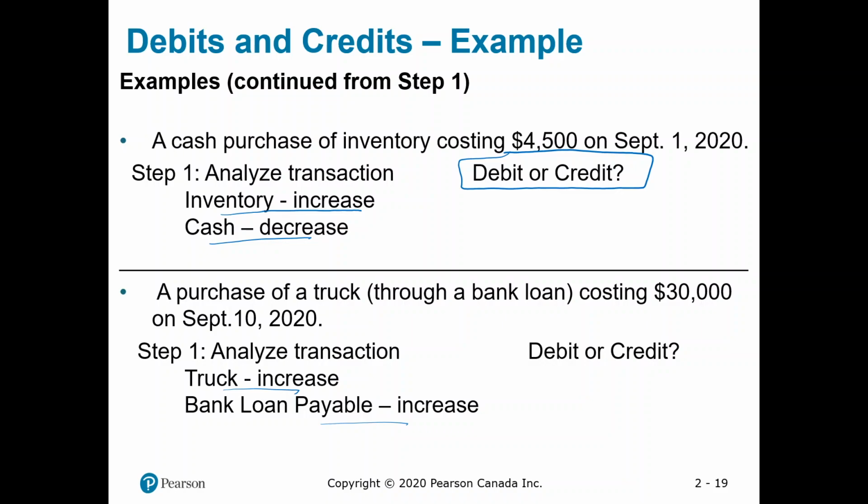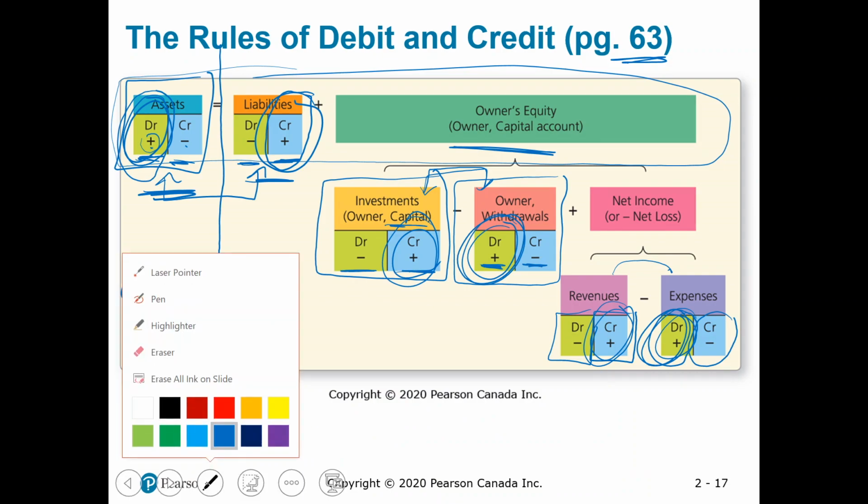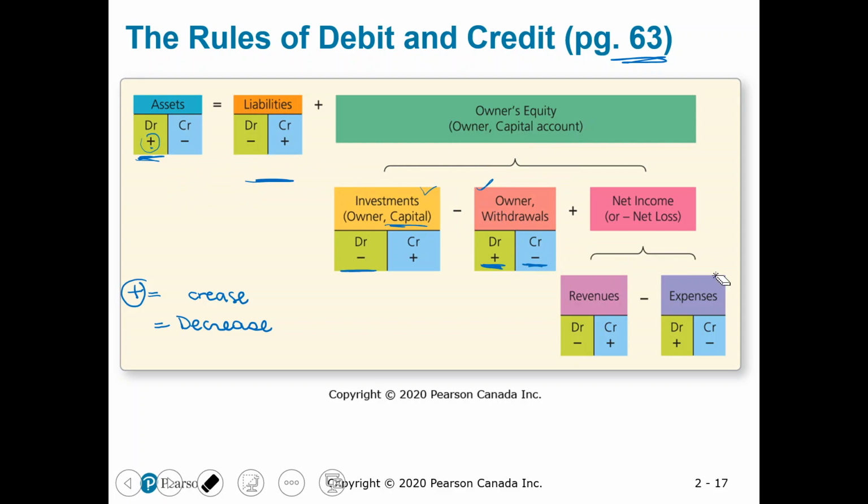So if we look at inventory increasing, we know that inventory is what classification of account? An asset, liability, equity, revenue, or expense? Right, inventory is an asset. So we would look back here, just erase all of this for now so it's easier for us to focus.